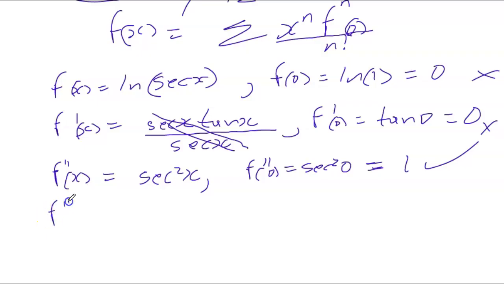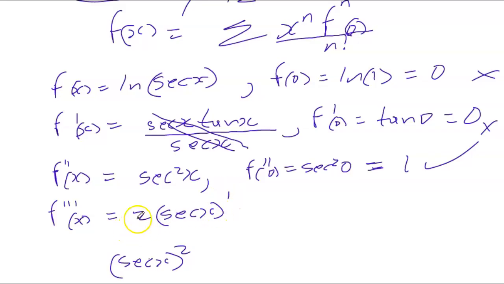To get the third derivative, you differentiate sec square x, and of course we're using the chain rule, not the quotient rule. Look at sec square x as sec x all square, right? So we're going to apply the chain rule. We multiply by the power, keep the bracket, subtract 1 from the power, and now differentiate what's in the bracket, which is sec x.